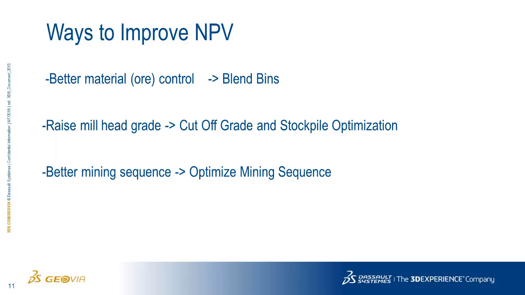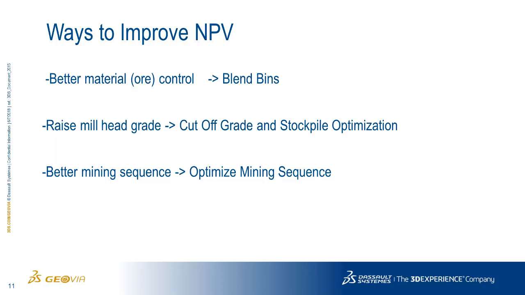Obviously, the next way to raise the NPV is going to be to increase the mill feed grade, assuming the mill is already full, obviously. That's going to be the way to improve our NPV. In order to do that, we're going to need to use cutoff grade and stockpile optimization. And that's where having the better distinction of material from the blend bins is going to help.